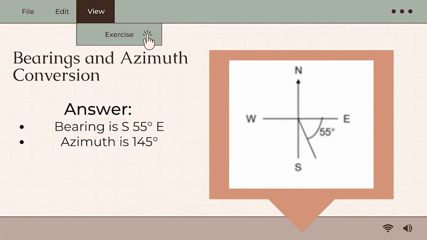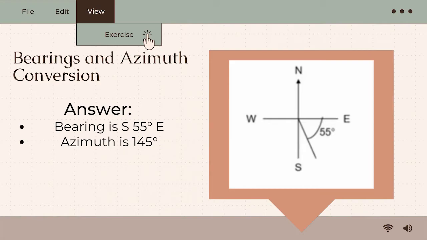We can say that the bearing of this example is south 55 degrees east, and the azimuth of this example is 145 degrees. So, when you're given the azimuth and not the bearing, it is important to identify the different quadrants for defining a bearing, and take note that the reference should either start with north or south, depending on the given, then followed by east or west.